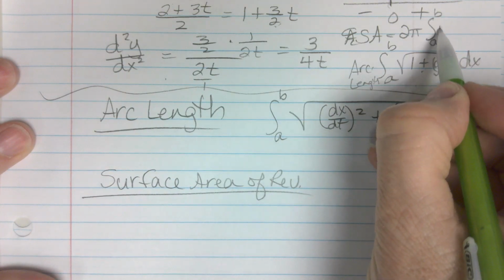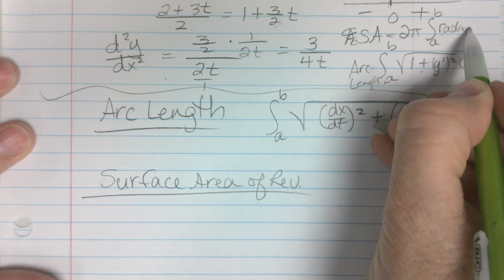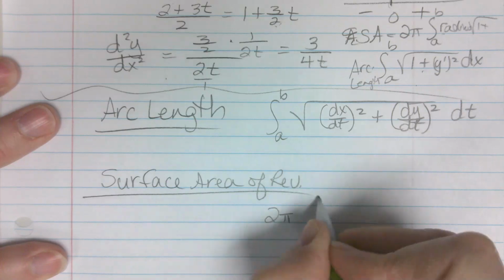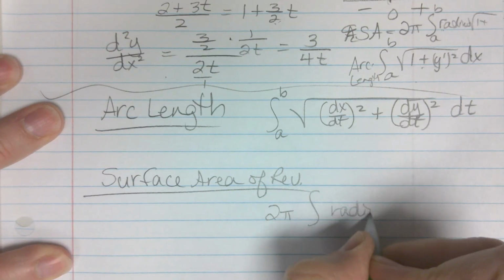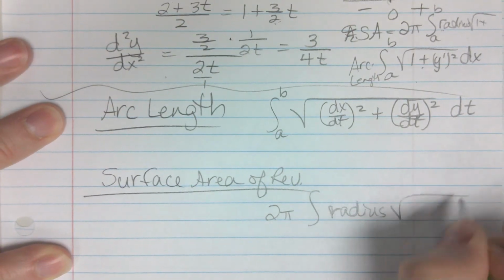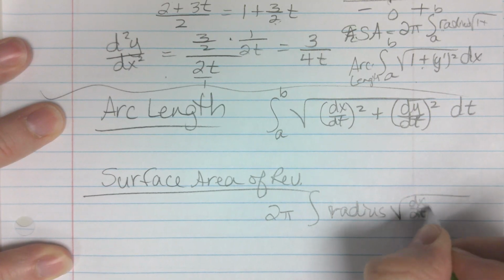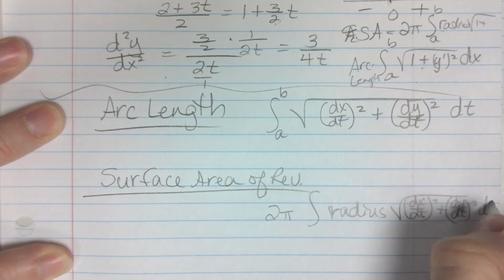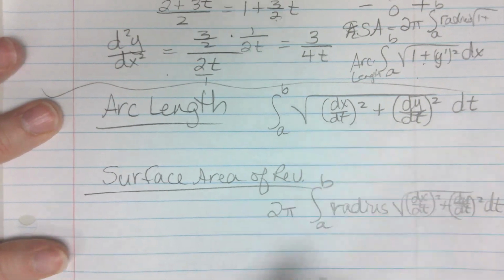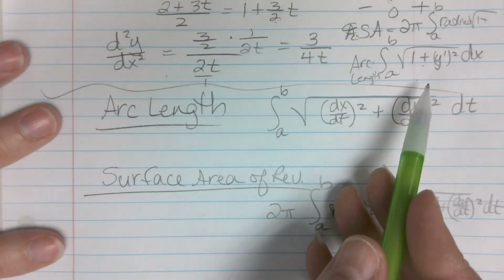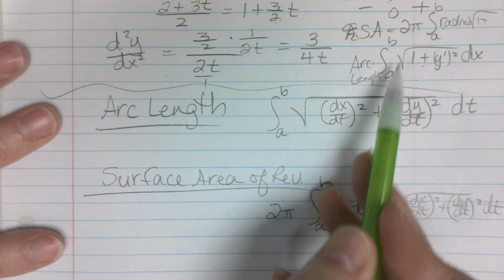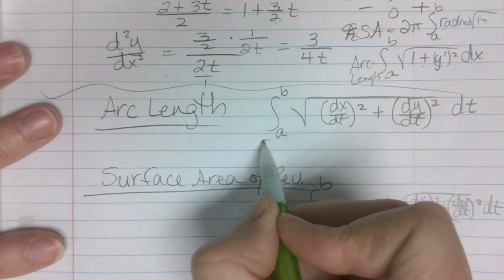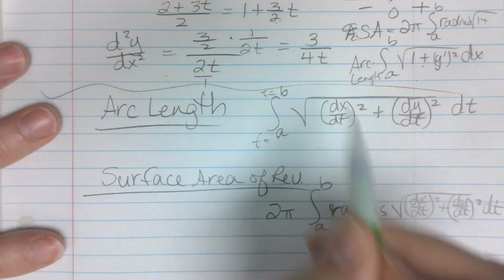It's the same thing here. And of course, I know we're using a and b, and these are actually values for t, right? t is going from a to b.